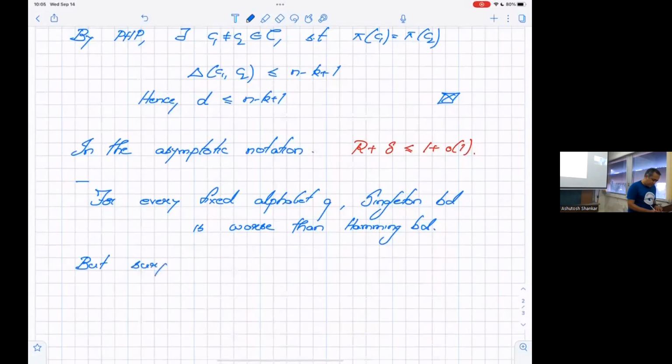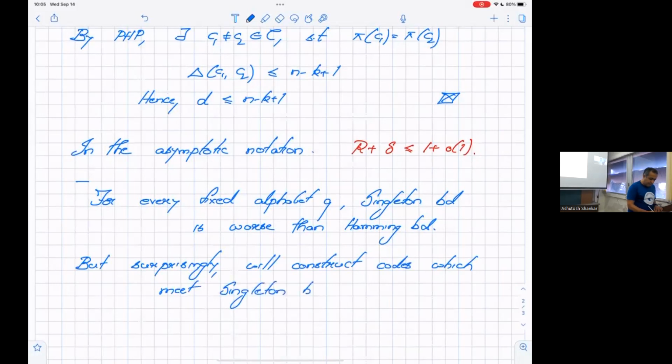ironically, surprisingly, people construct codes which meet the Singleton bound, albeit over a growing alphabet.